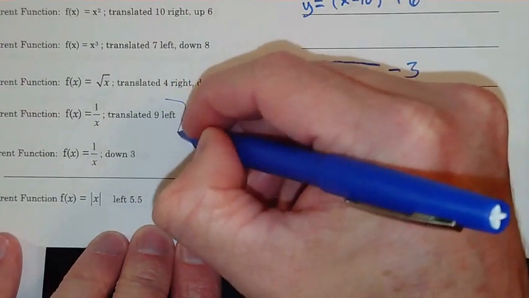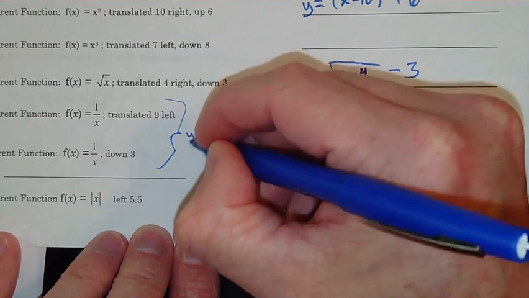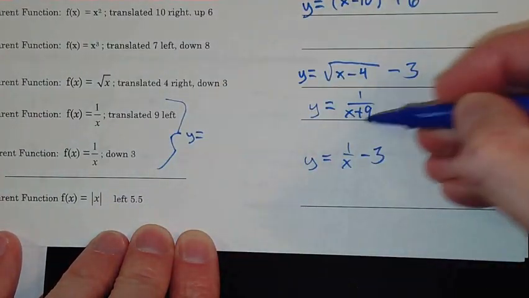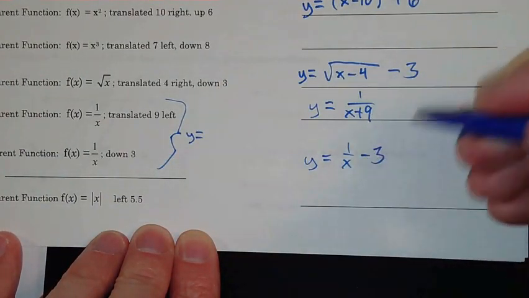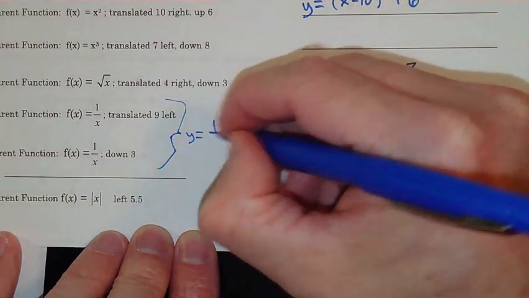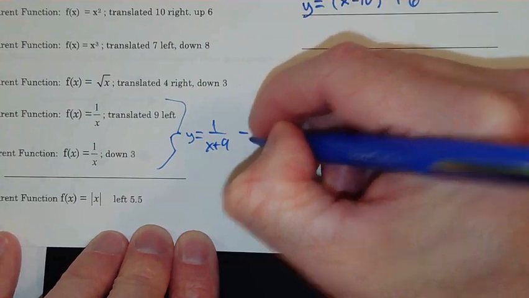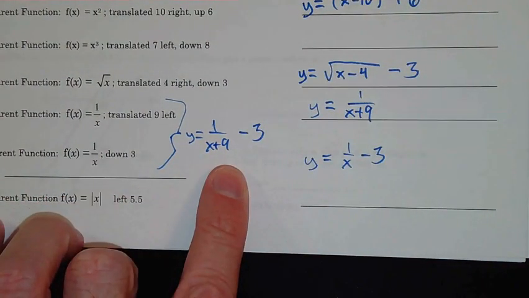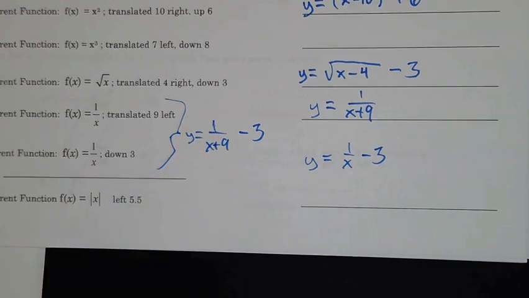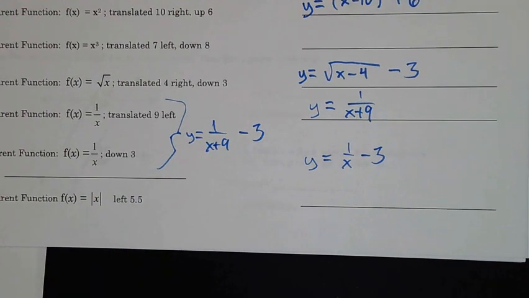And if I wanted to combine these two and do both at the same time, well, we've already seen what's happening. Replace the x with an x plus 9, tack a minus 3 on the end. I've got y equals 1 over x plus 9 minus 3. And that would be the hyperbolic graph of 1 over x moved to the left by 9 and down 3.